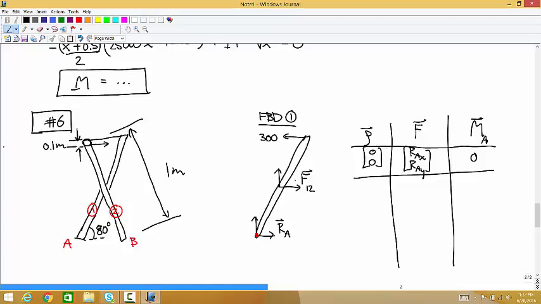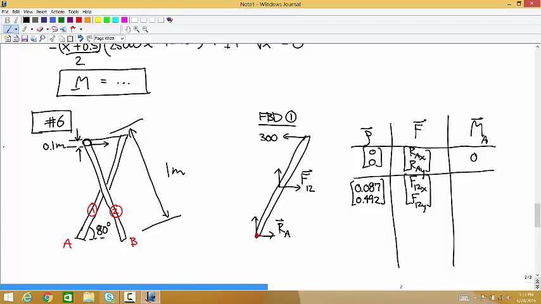Then the force F12: the row vector is 0.5 times cosine of 80, 0.5 times sine of 80, which is 0.087 and then 0.492.